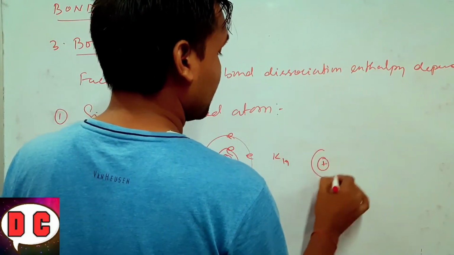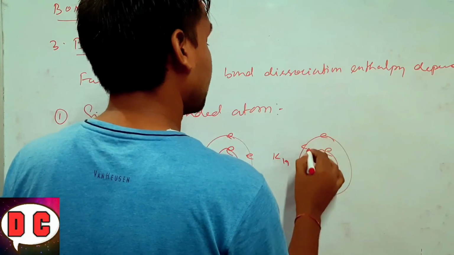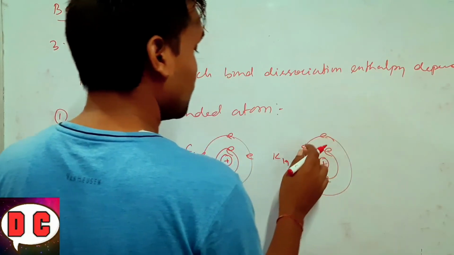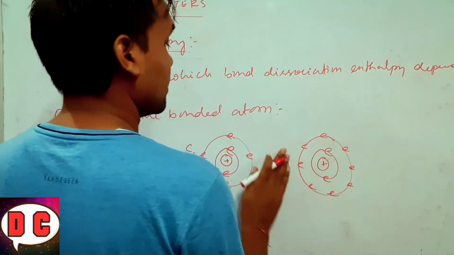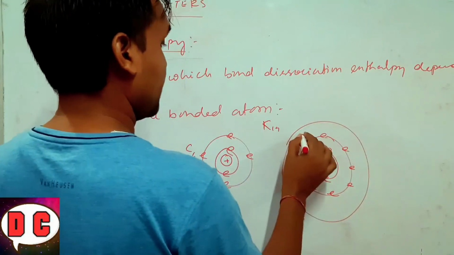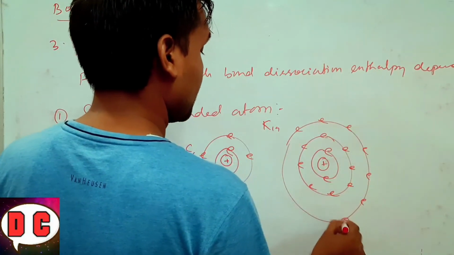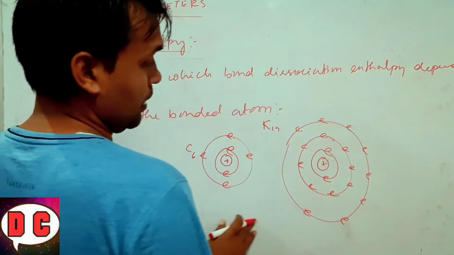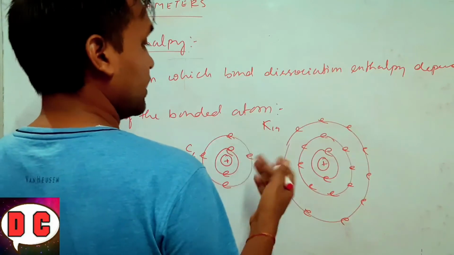If you draw its structure, it will be 2 electrons, then 8 electrons, then another 8 electrons, and one more shell will be there.